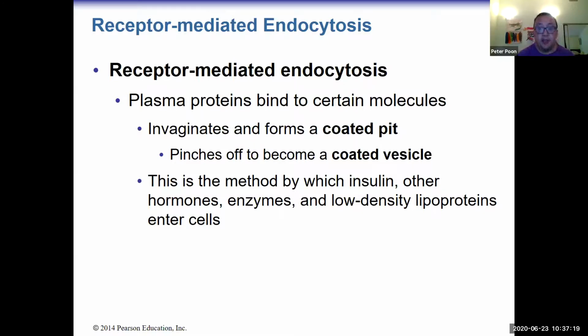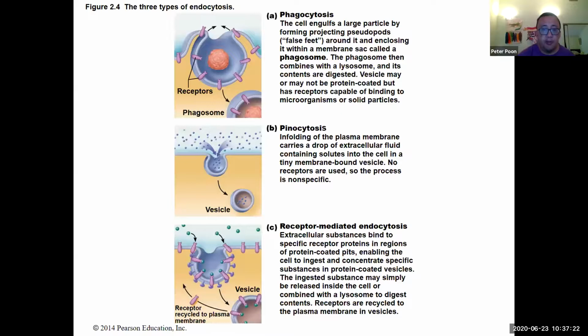Receptor-mediated endocytosis. So this is phagocytosis, this is pinocytosis, and this is receptor-mediated endocytosis. You have receptors on the surface of the cell, and the receptors will bind these little green dots. If enough of the green dots bind to the receptors, it will cause the shape of the cell to fold a little bit, and then all of a sudden all these little green dots are on the inside. A good example of this is insulin.